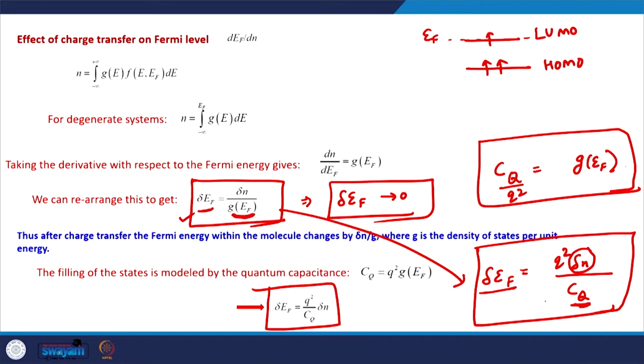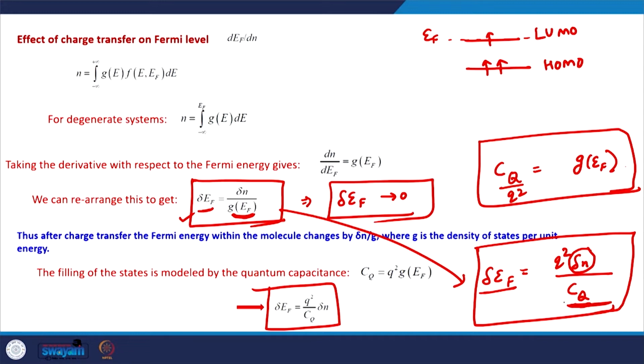So this is the capacitive effect. Capacitance is defined as the change in the potential of a system as the system is charged or discharged. So in this case, as we put more electrons, the electrochemical potential changes, and that is modeled by the quantum capacitance.